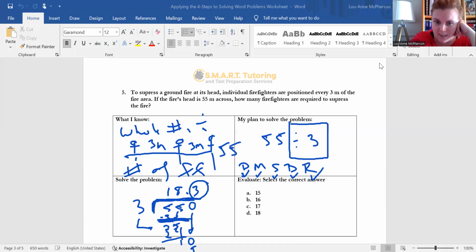So in this case, 18.3, 3 is less than 5, so the rounded answer is 18. All right. Okay, now we've done the math. We can continue on and evaluate the questions. In this case, we see the correct answer here, which is 18. So 18 firefighters are required to suppress the fire.